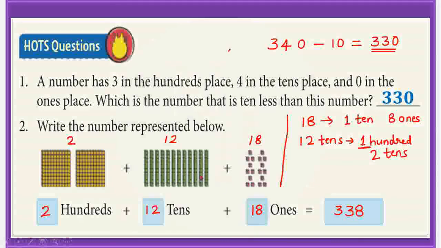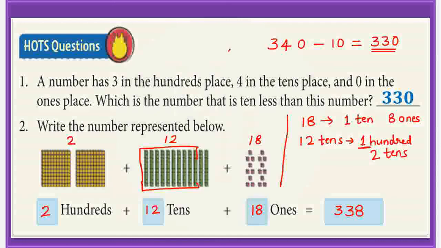So I will explain once again. Here we have two hundreds, and since we have 12 tens here, 10 tens can be combined and made 100. Look here, we have 10 tens. Keeping these together makes one panel of hundreds.